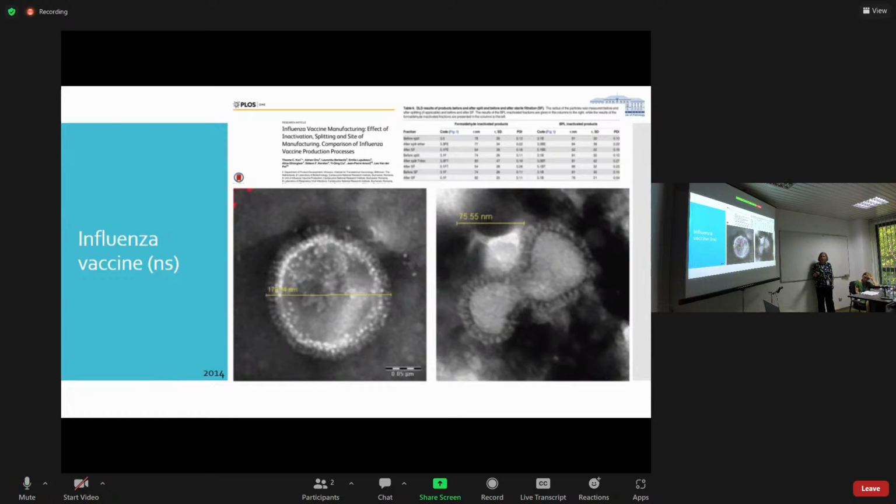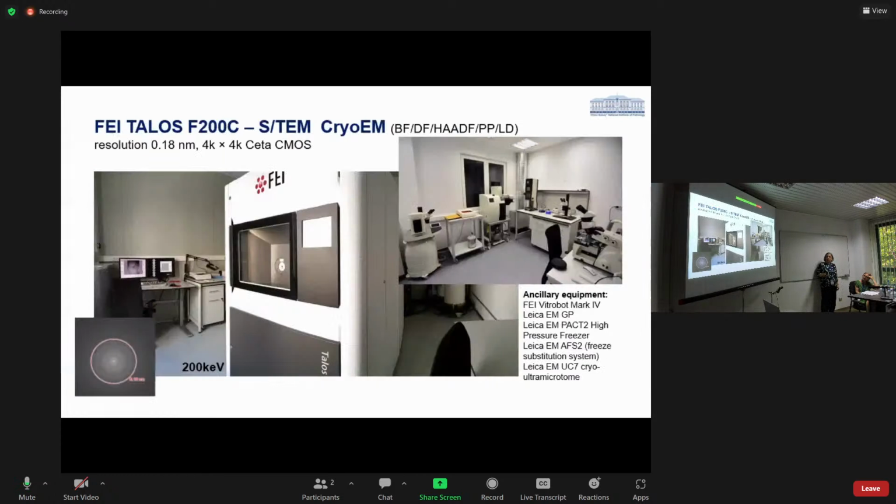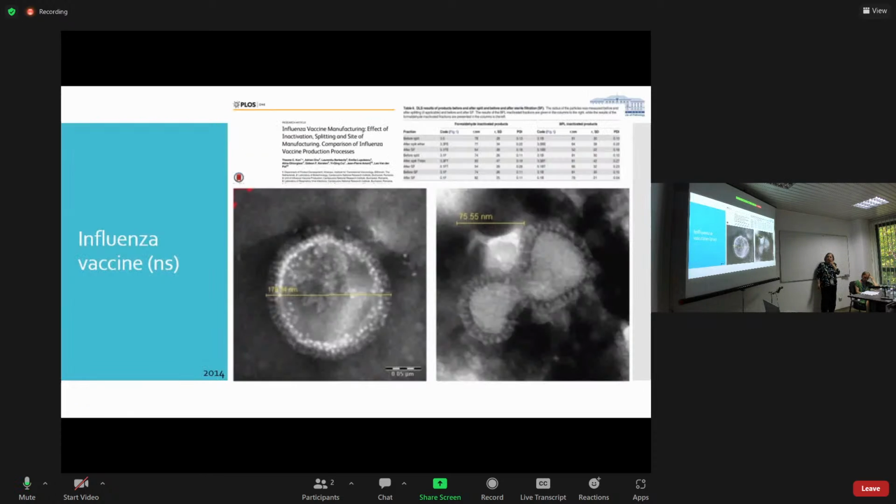So we can do negative staining and measure the particles which are changed by different experimental conditions, and the changed morphology could give us some important data.